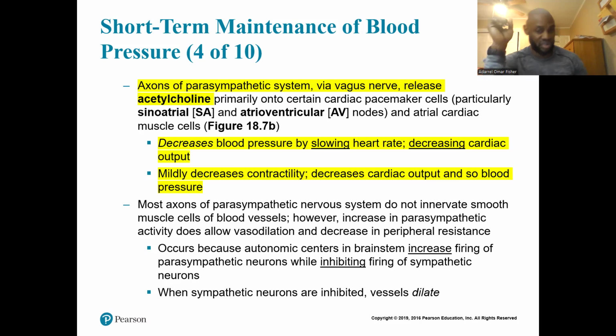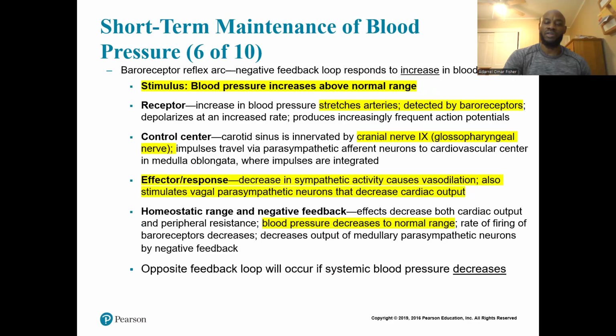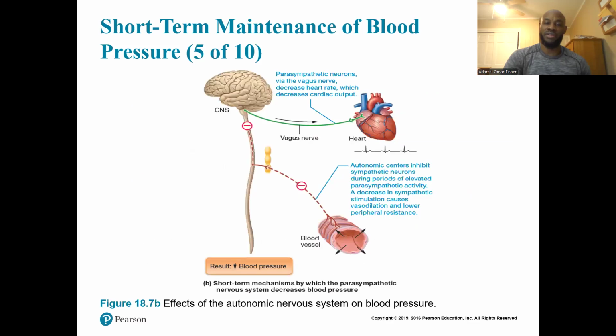So when these parasympathetic neurons are firing, you're inhibiting the sympathetic neurons, and therefore you get dilation. So that's in that diagram there. Blood pressure goes down.